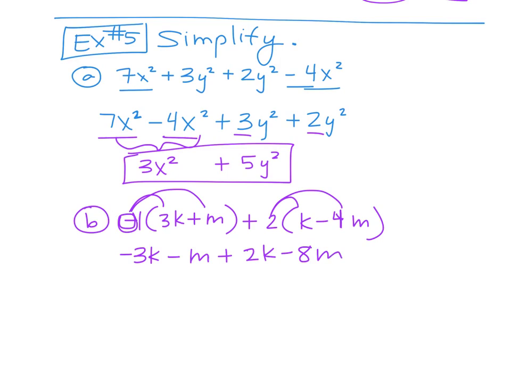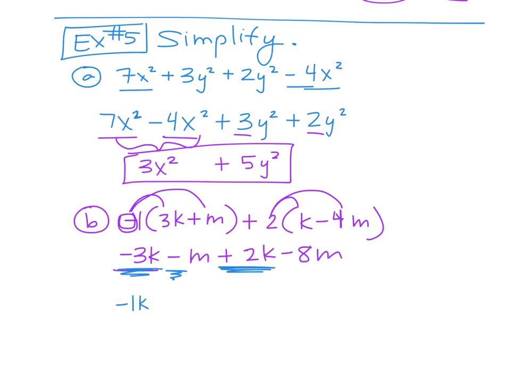Okay, so now combine like terms. Negative 3k, is it plus or minus 2k? It's plus, right? This minus right here, that guy is not going with our k's. That is part of the m, okay? So negative 3k plus 2k is what? Negative 1k, or you can just call it negative k.